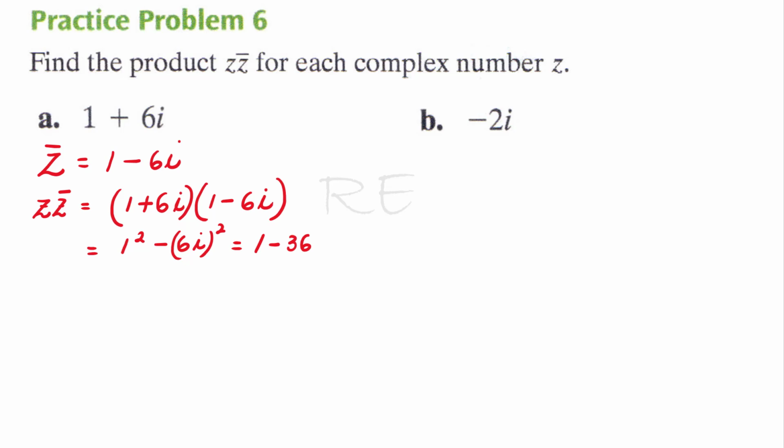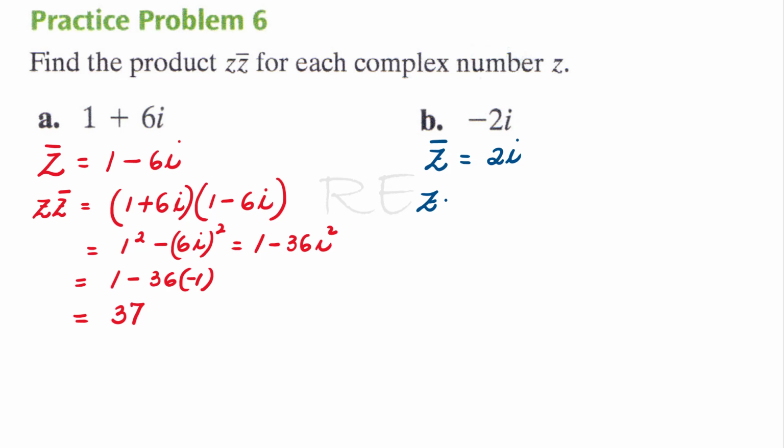And 1 squared is 1. (6i) squared between parentheses is 36i squared. 1 minus 36 times -1, which is 1 plus 36. The answer is 37. The conjugate of -2i is +2i.